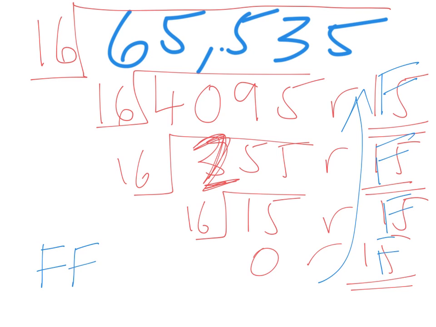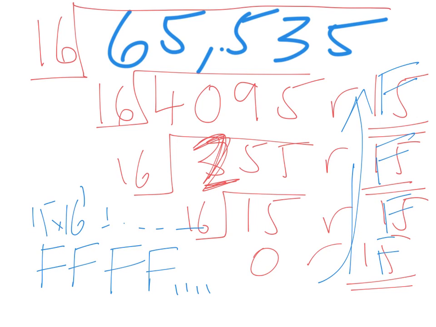You would end up with F, F, F, F. Applying what we learned a minute ago, 15 times 16 to the power 3 plus all the way would return us to this number. For the binary value, it's 1111, 1111, 1111, 1111, by converting all the Fs.